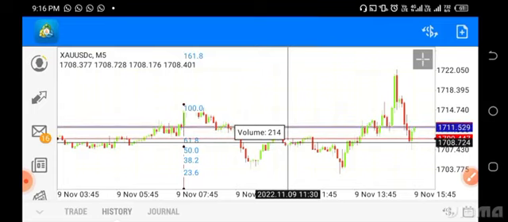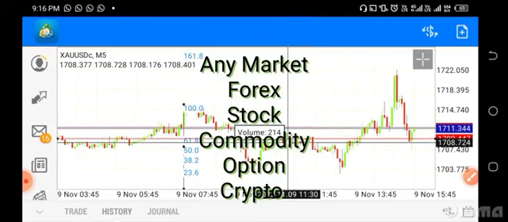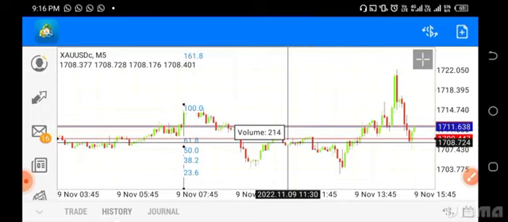So that is the whole story of Fibonacci, how you can trade in scalping, swing trading, gold trading, or long term. You can use it in any market, like the stock market, cryptocurrency, commodity, or options trading. This is very unique stuff.